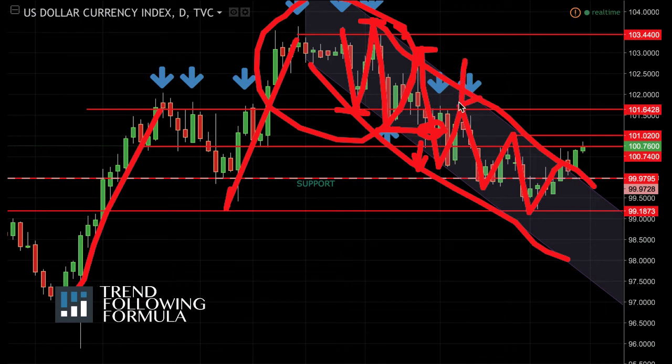So how many trades have we got here? We have got one trade, we had the second trade, and we had actually a third trade.